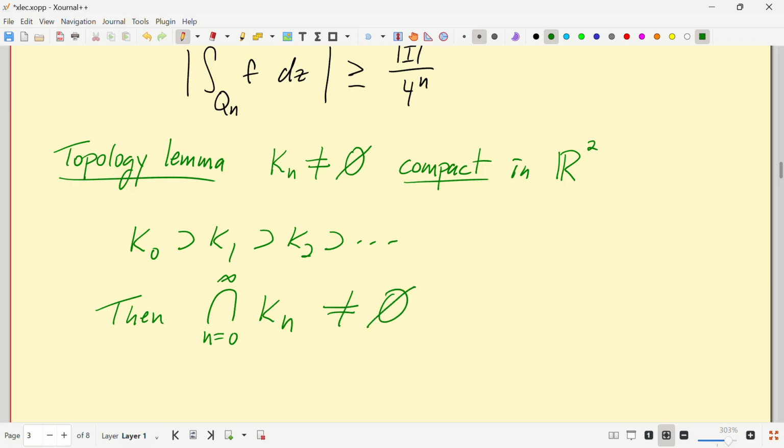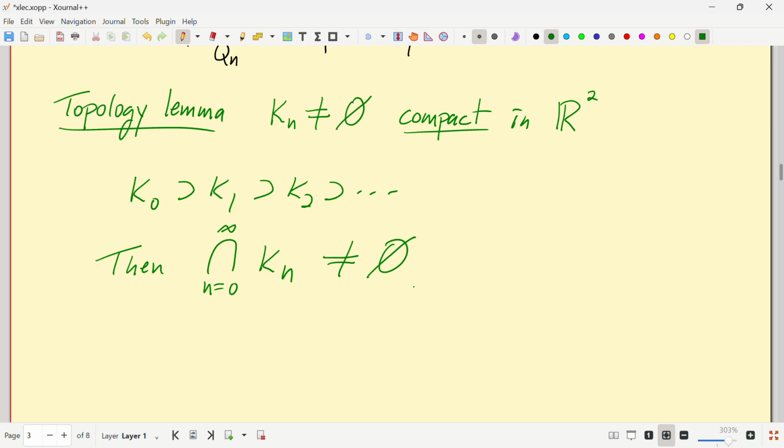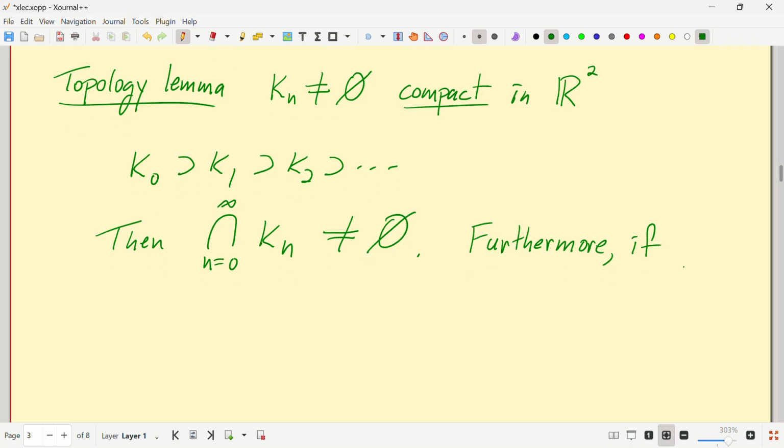Of course, it's not true if they're open sets, but if they're compact sets, meaning closed and bounded, then it's true. And furthermore, this is a metric space, so we can talk about diameters. Furthermore, if the diameters of those compact sets go to 0, then it's a unique point.